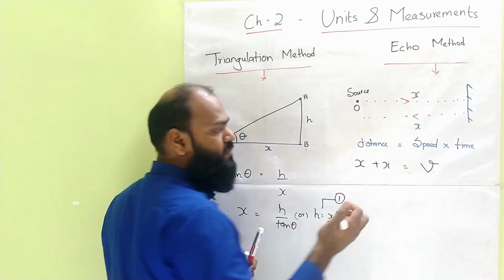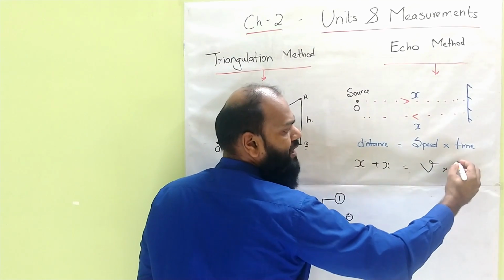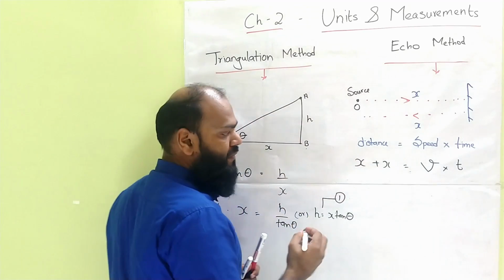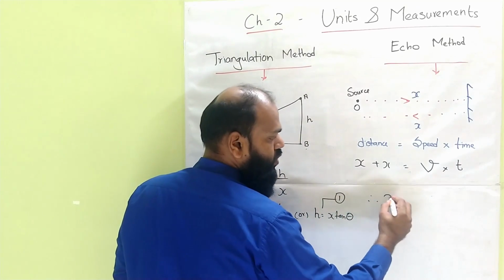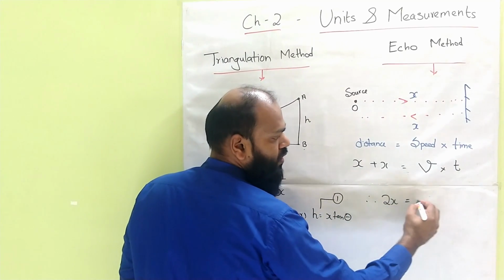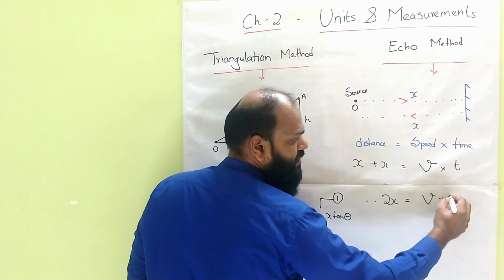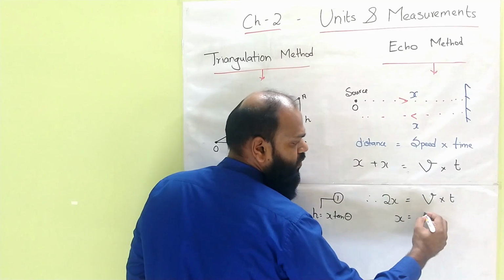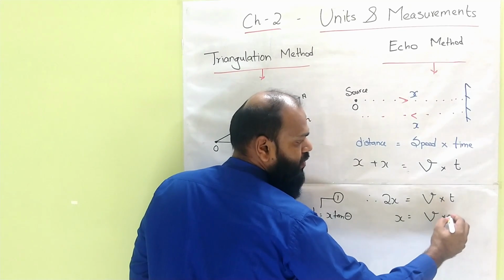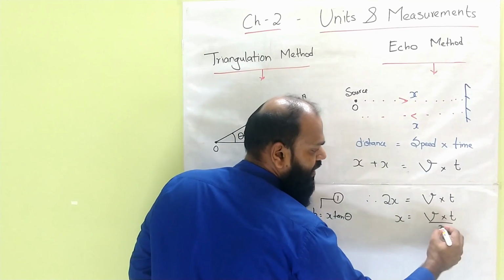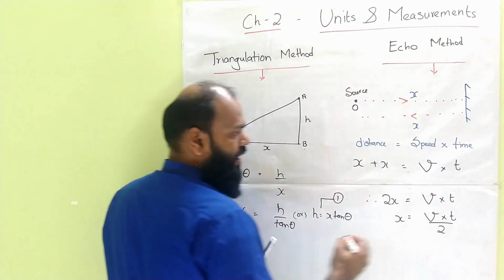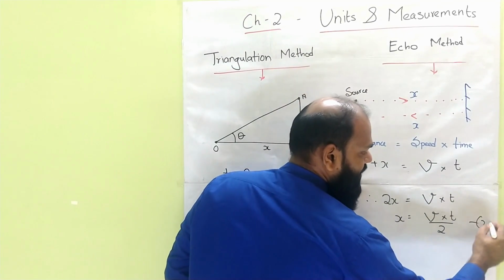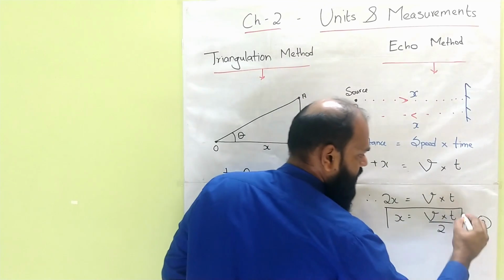Let, for example, speed be v and time be t. Therefore, 2x equals v times t. Therefore, finally x is equal to v into t by 2. And this is equation 2.